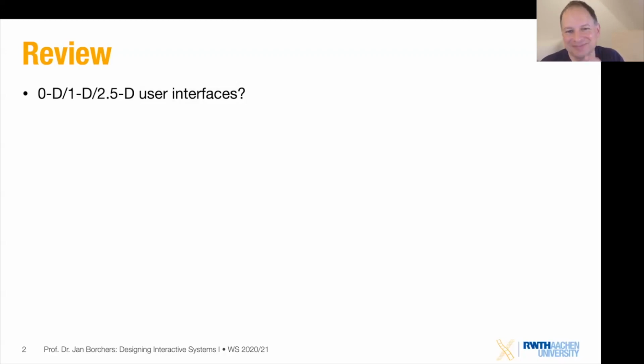Okay, I think 0D at the very beginning was when you just give a batch job to the computer and then wait for hours and days to get the final printout back. Then 1D, I imagine, is some kind of command line interface.